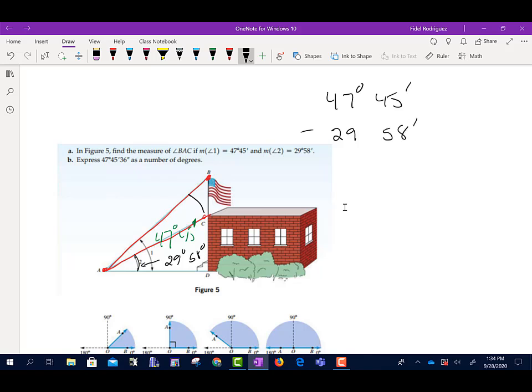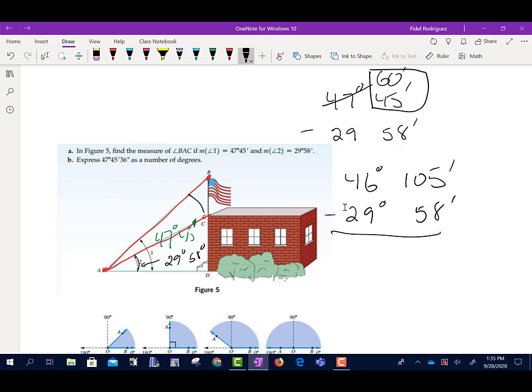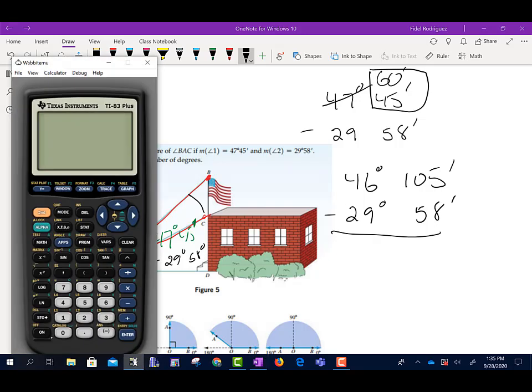Okay? So guys, think about this like time. I'm going to borrow 1 from here, and that's going to become a 46. That 1 that I'm going to borrow, suppose I'm borrowing an hour. Isn't an hour the same thing as 60 minutes? So now this piece is going to give me 105 minutes. And I'm just going to subtract. So let me grab my calculator. Let me turn it on. Clear it.